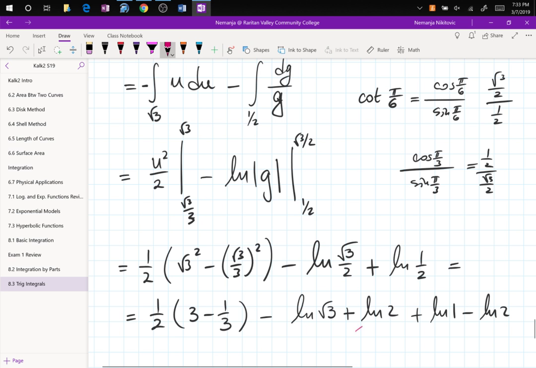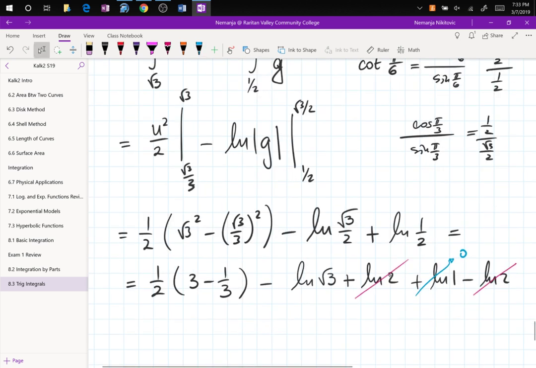So these two cancel, this one goes to 0, and that's 4/3 minus ln root 3, I hope. Something along those lines.